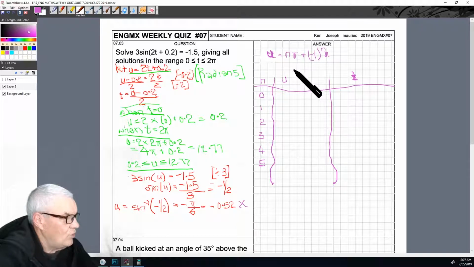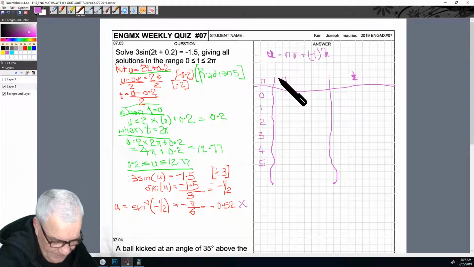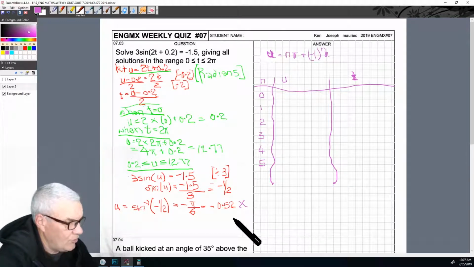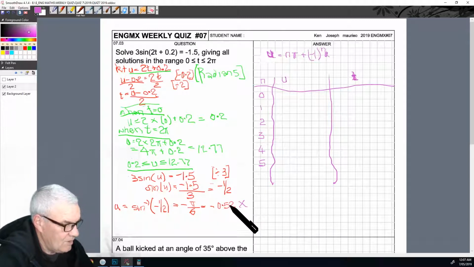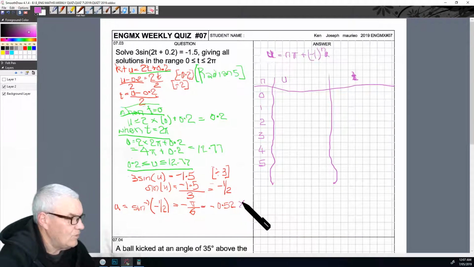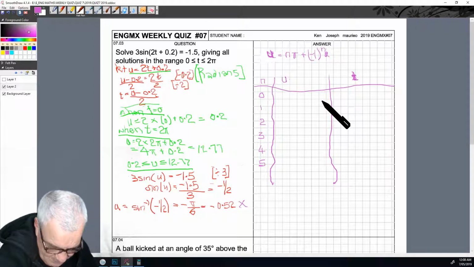The solution for u will be n pi, yeah, this solution that we've got down here, 0.52. Okay, so u equals, oh, that'll be u there.